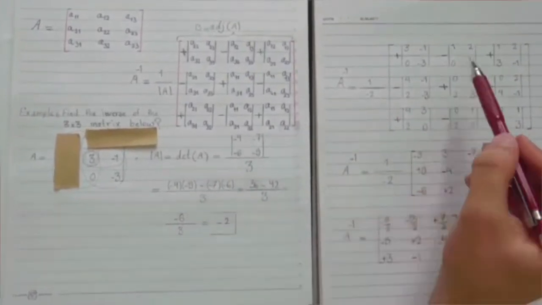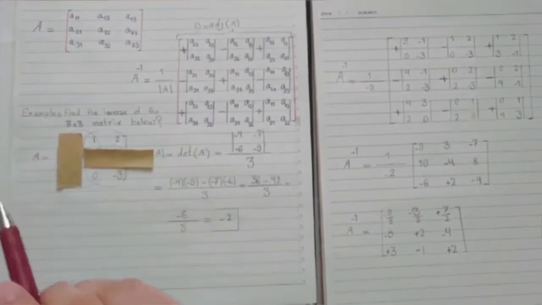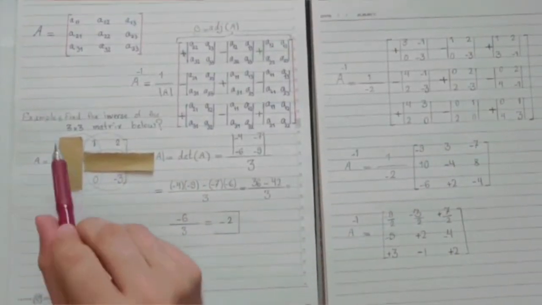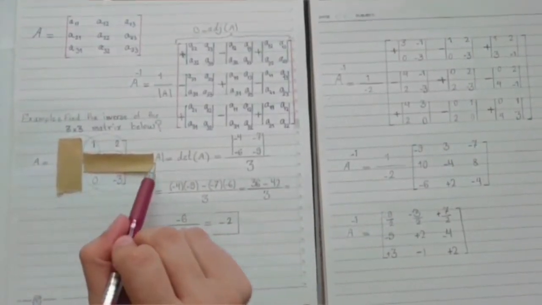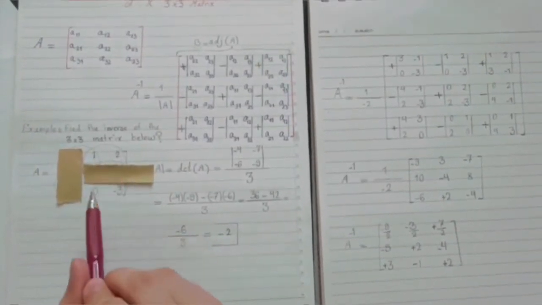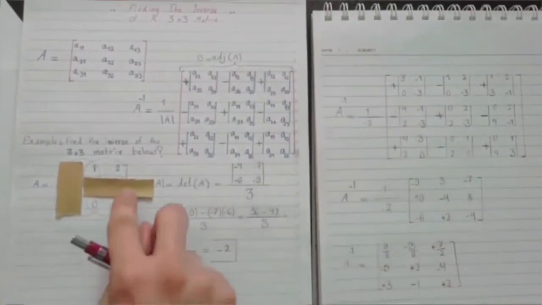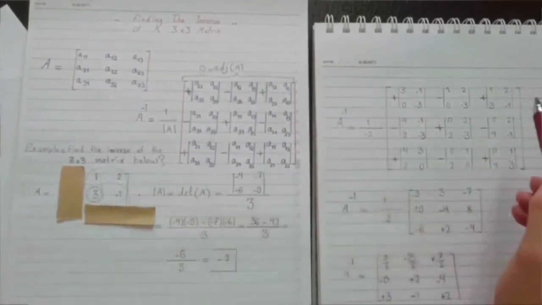And the second entry is equal to the determinant of the matrix of ignoring the first column and the second row, actually, that we are left with: 1, 2, 0, and negative 3, okay? And the next entry is going to be this: 1, 2, 3, and negative 1.